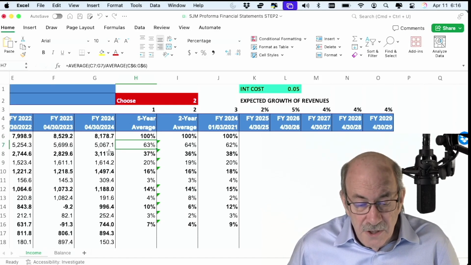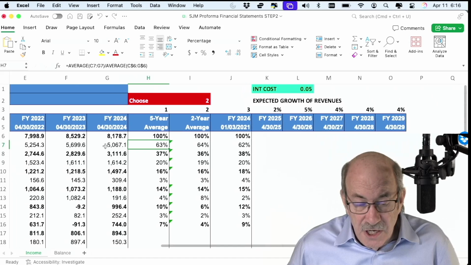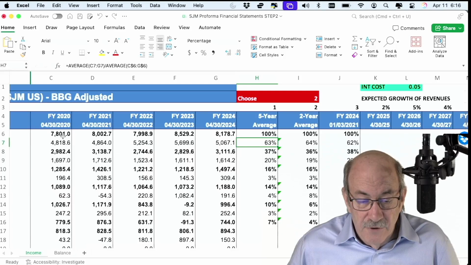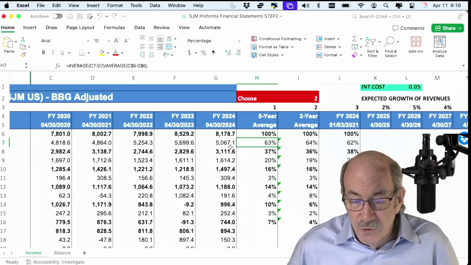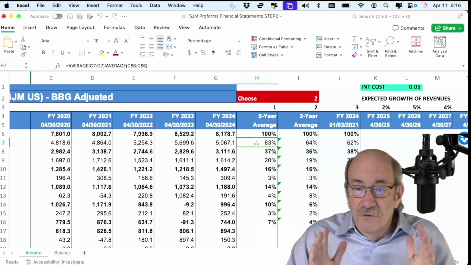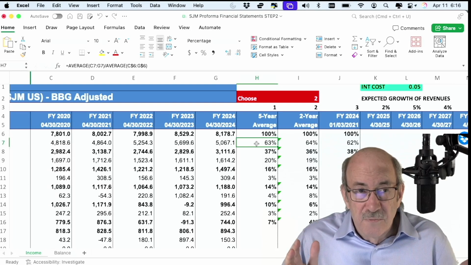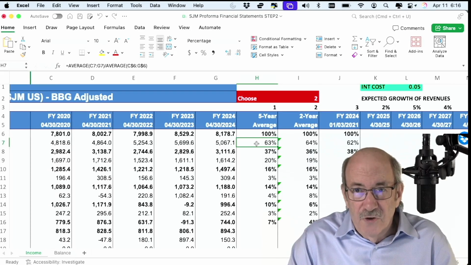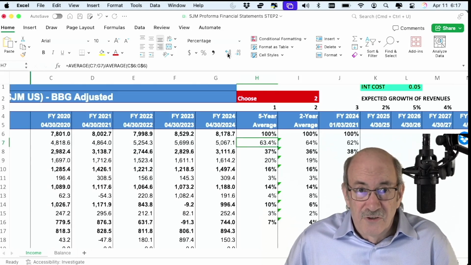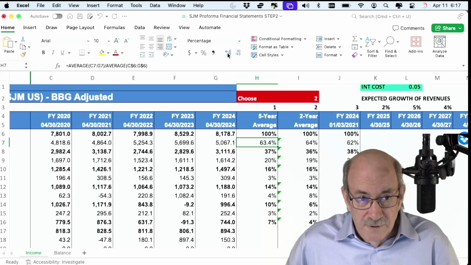So what I've done here is I've averaged the amount of cost of goods sold as a percent of revenue for 2020, 21, 22, 23, and 24. So on average across those 5 years, cost of goods has been about 63%. And actually, if I add a decimal place, we can see that it's really been 63.4%.